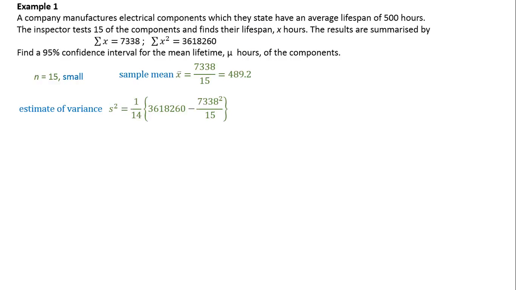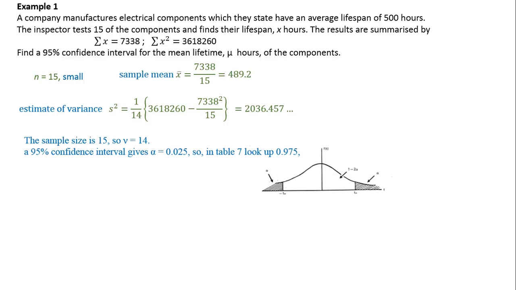Our unbiased estimate of the variance, s squared, is 1 over n minus 1, which is 14, times the sum of x squared minus the sum of x all squared over n, giving us 2036.457 and so on. Don't round up too early.